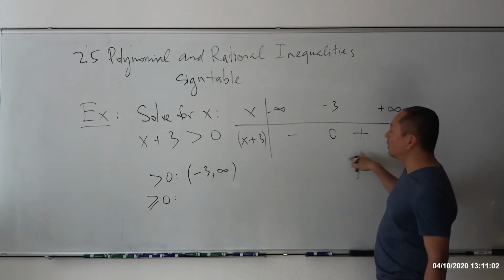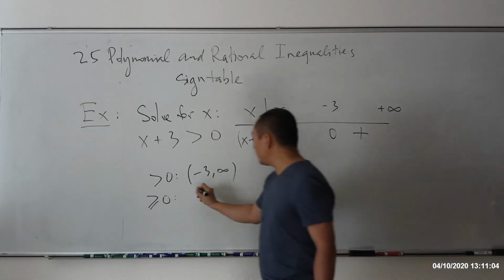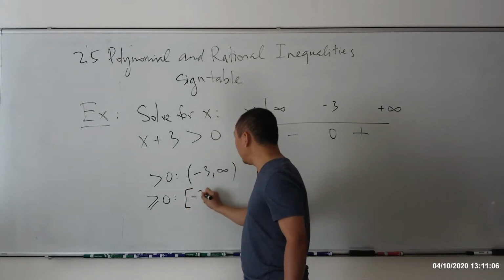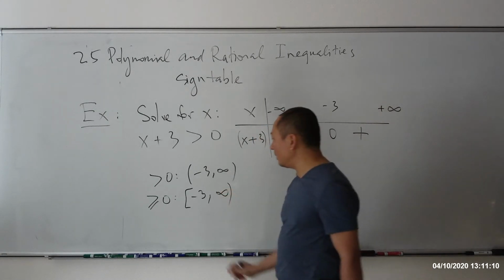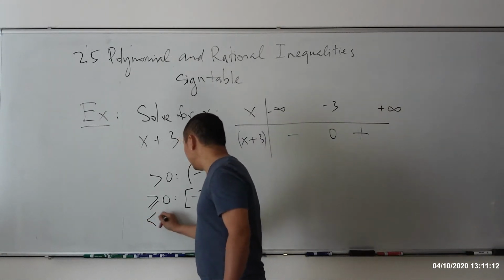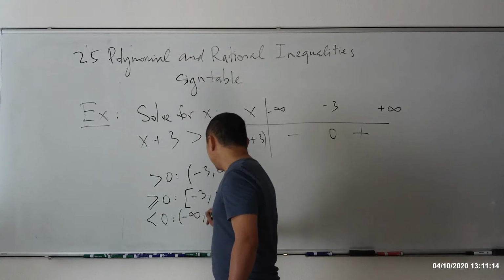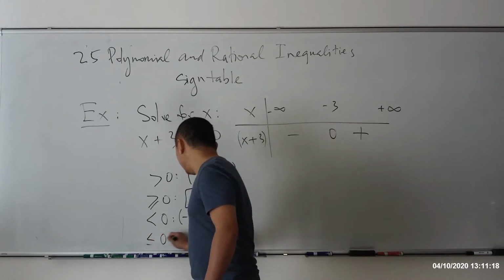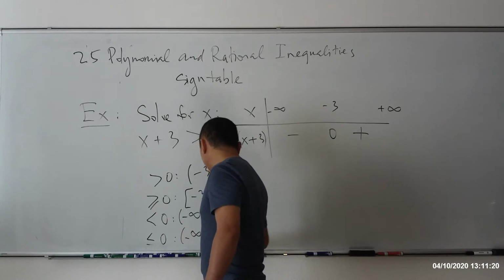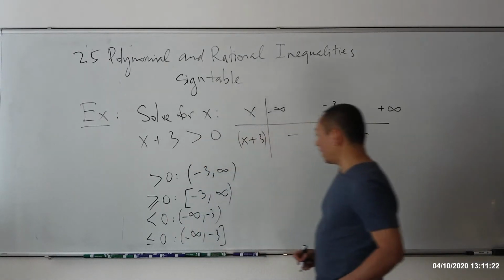So positive is good, but 0 is also good. So the answer is going to be square bracket, -3 to infinity. Okay? Similarly, less than 0 will be -infinity to -3, and less than or equal to 0 will be -infinity to -3 with a square bracket.